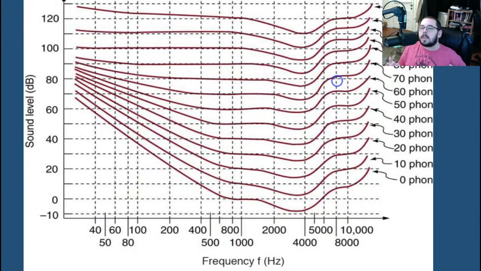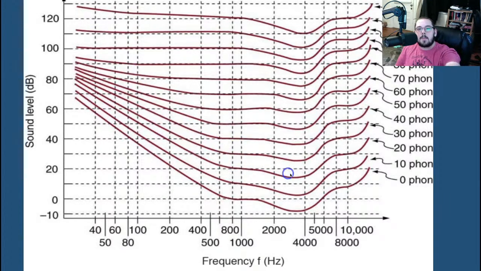Without getting into a ton of details, essentially, if you were to play a sound here at 100 hertz, and you were to play your sound constantly at 60 dB, you can see how it starts off at a good level and drops off in our perceived sound level. It drops down a bit as sounds get higher.